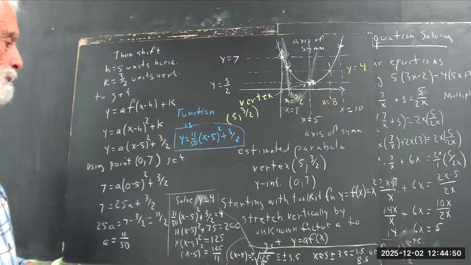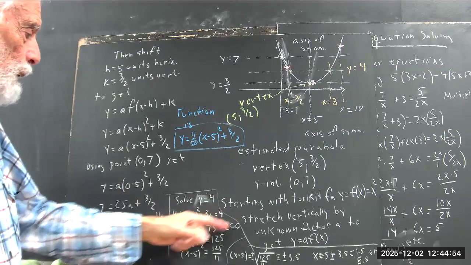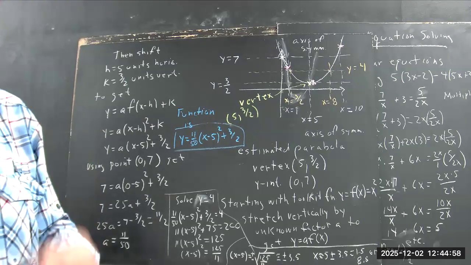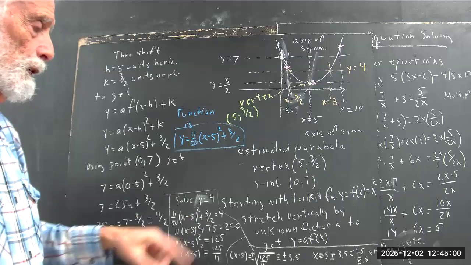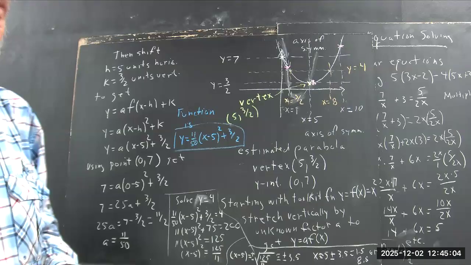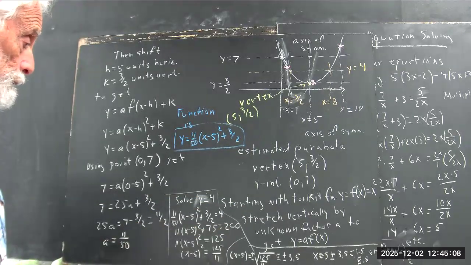We do the solution, and in doing the solution, I multiplied both sides by 50 here. Now that should be obvious because I keep telling you, if you've got denominators in an equation, you usually want to multiply by a common denominator. Multiplied everything by 50, we got this equation.